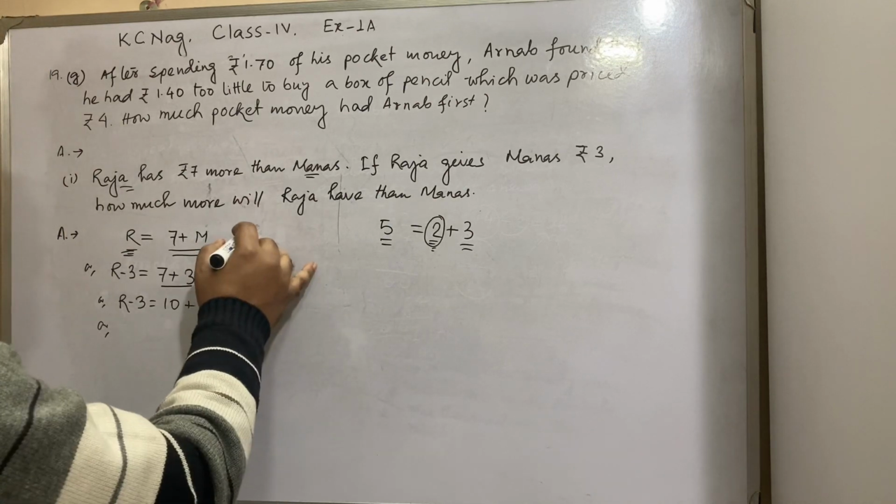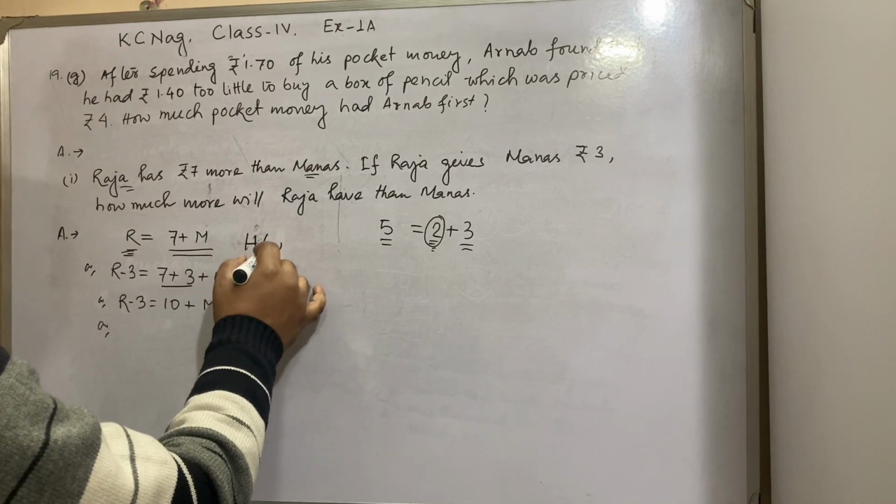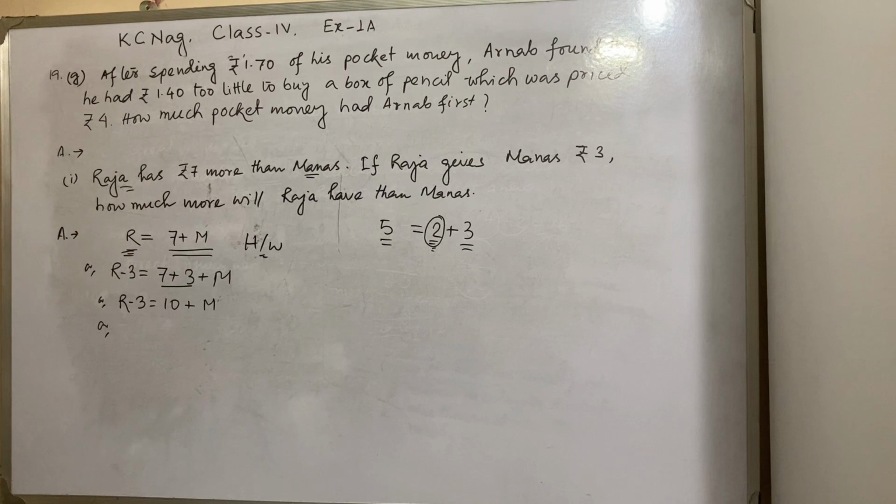My brain is hanged up now. Do this in the homework and just let me know in the comment section, tell me the way you solve these two, 19 part G and 19 part I.